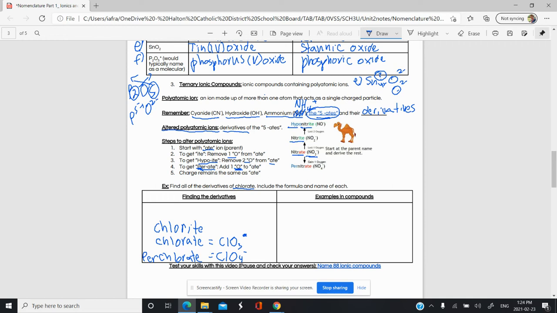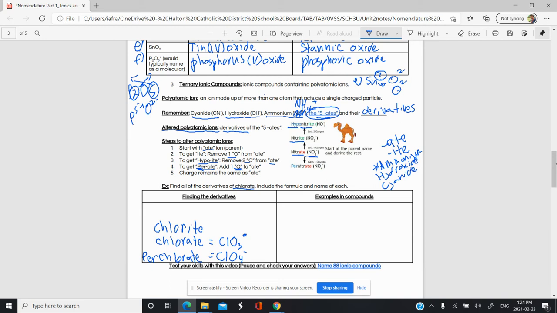So remember that. When you're dealing with polyatomic ions, you're usually seeing endings of ate or ite, with some exceptions, like ammonium, hydroxide, and cyanide.